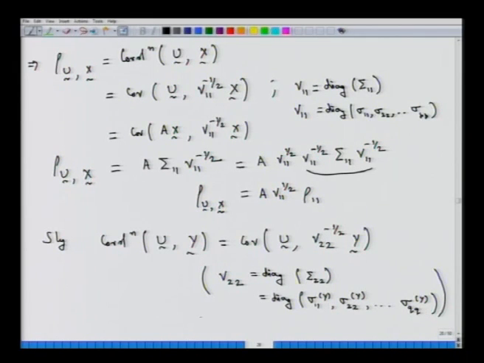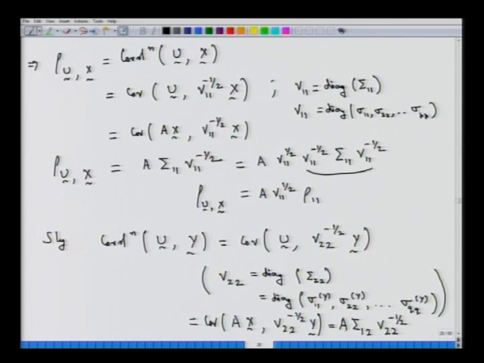And this can easily be computed because this is the covariance. In place of u, once again we write Ax, and this is V22 to the power minus half times the y vector. So this covariance matrix is going to be A times the covariance matrix of x and y, so that is equal to sigma 12 times V22 to the power minus half.